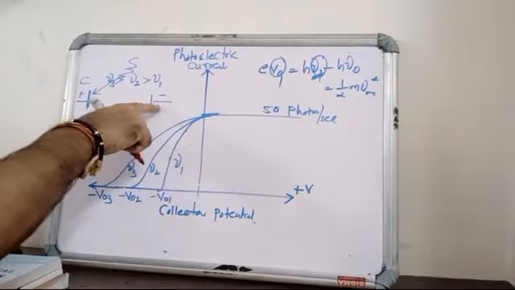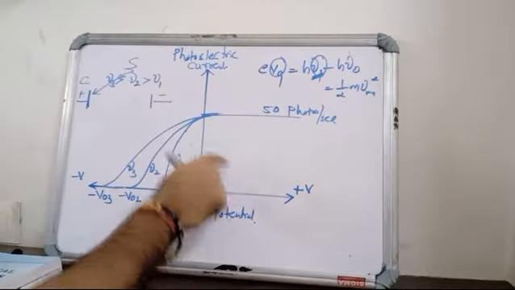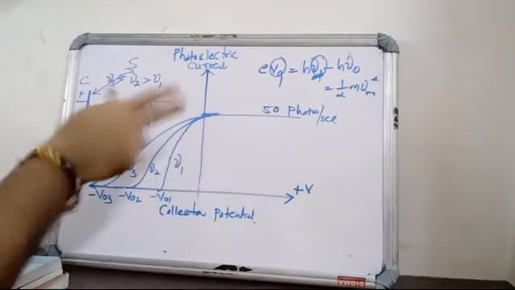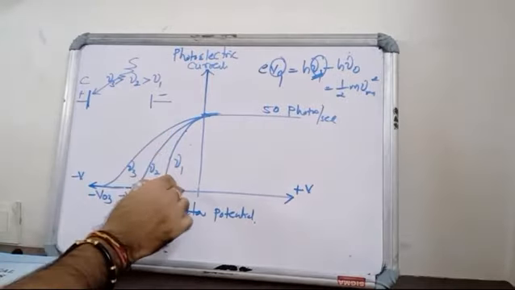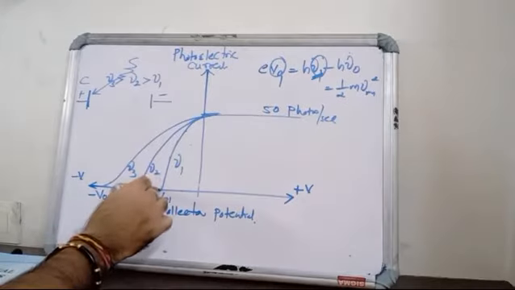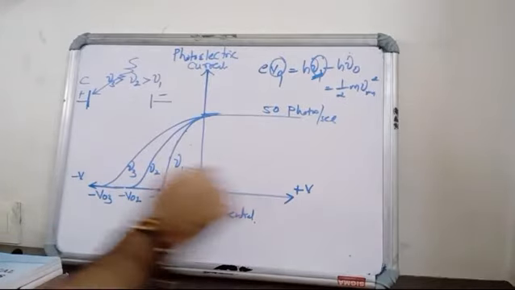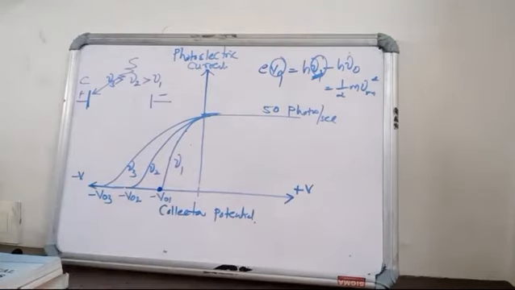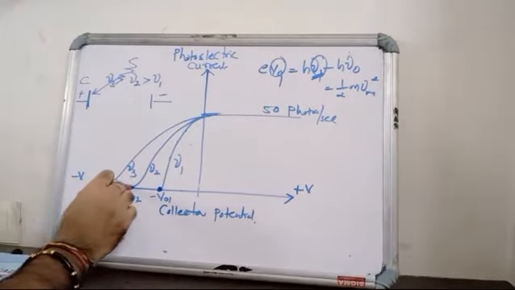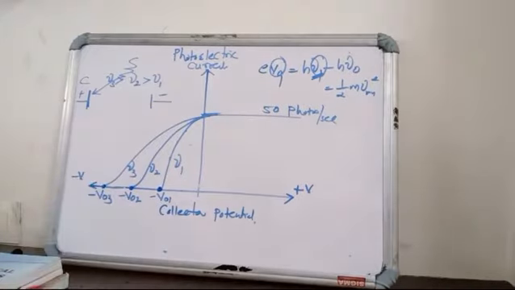When the collector was positive, the maximum current was established at this point. Then we reversed the terminals, making it negative, and started stopping the current at -1 volt, -3 volt, -4 volt. Where the y coordinate is 0 on the x axis, the photoelectric current has become 0. This potential is called the stopping potential. So suitably adjust the intensity of light radiation at various frequencies and study the variation of photoelectric current.